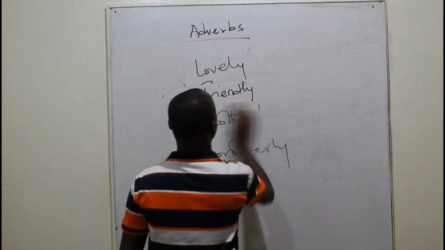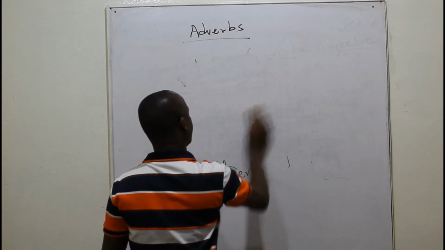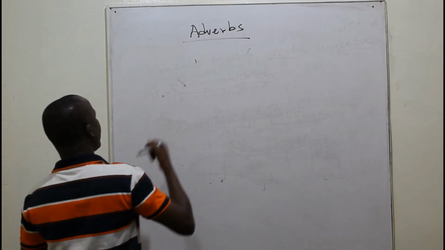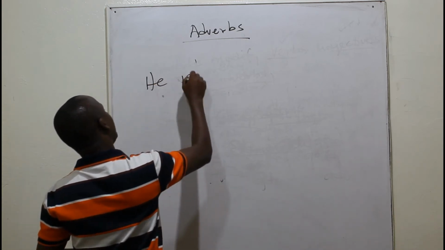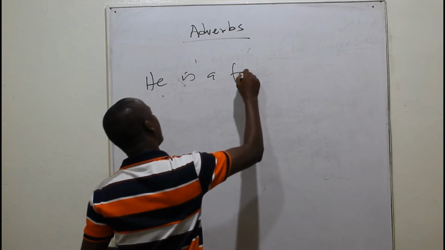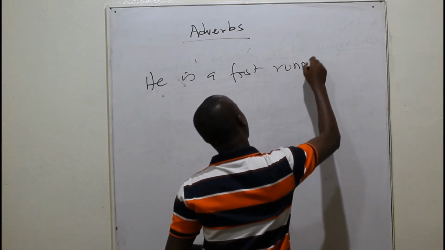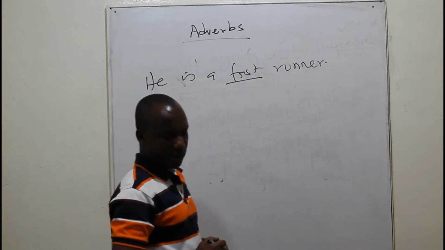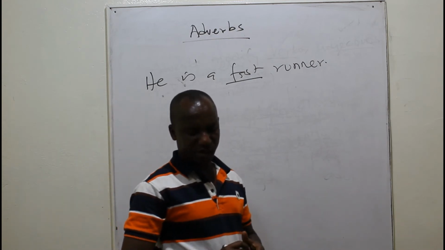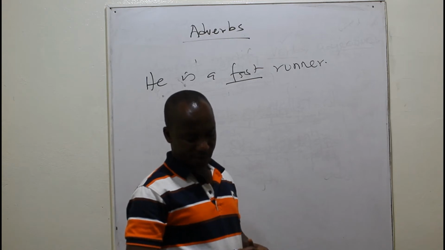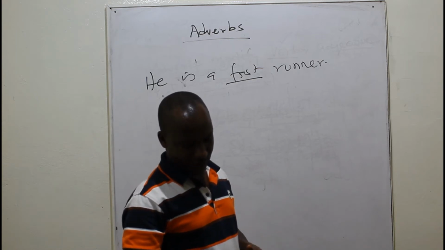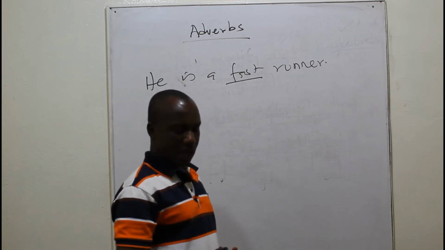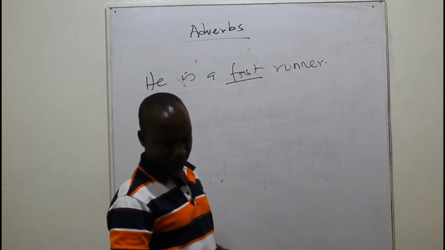For example, if you say he is a fast runner, fast here is modifying runner, and so it is an adjective.